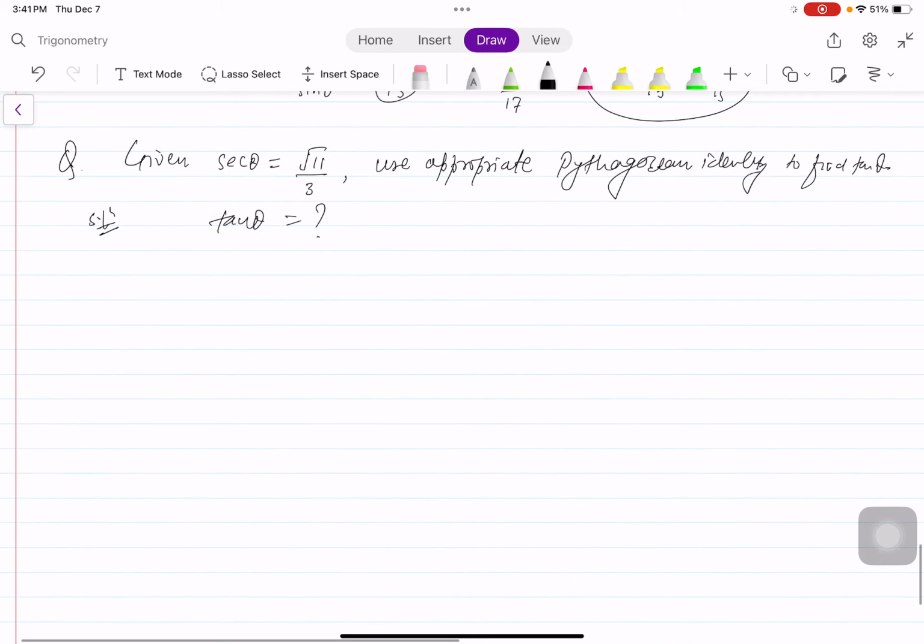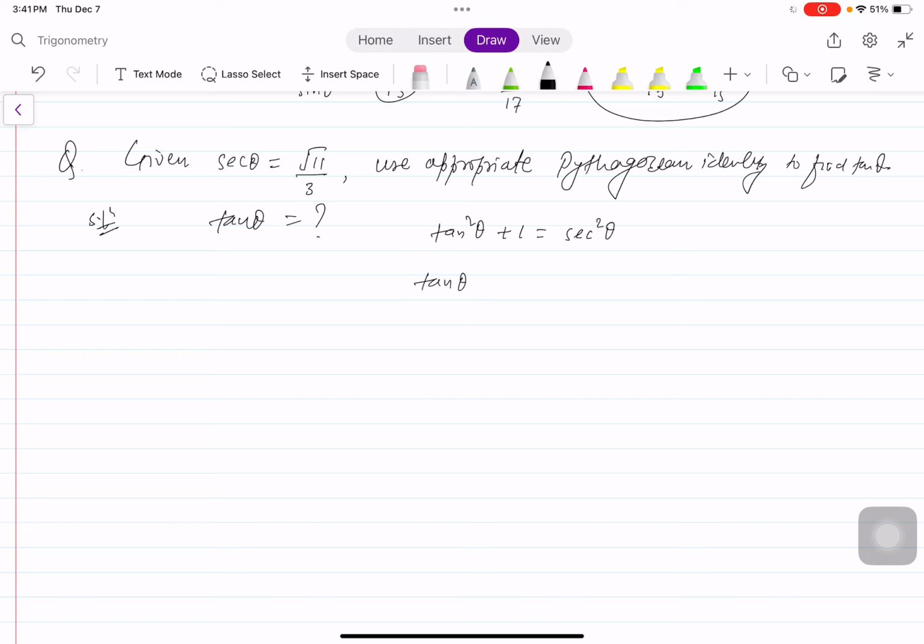What do we know? We know tangent square of theta plus 1 equals secant square of theta. We will plug in the values and just play with the numbers. Tangent is on the left side, so I will move all the other things to the right hand side.